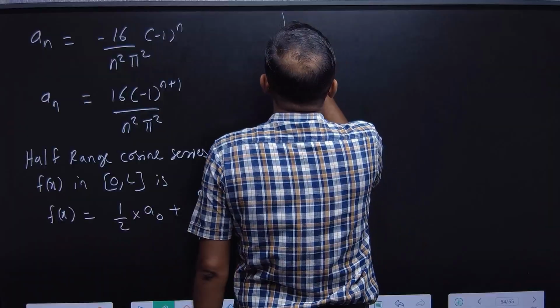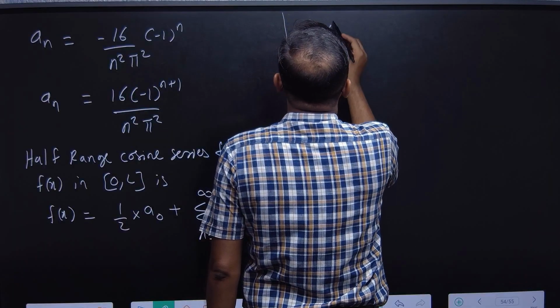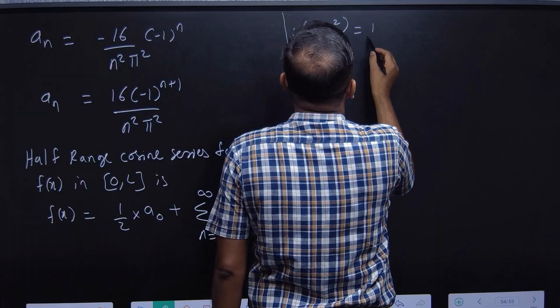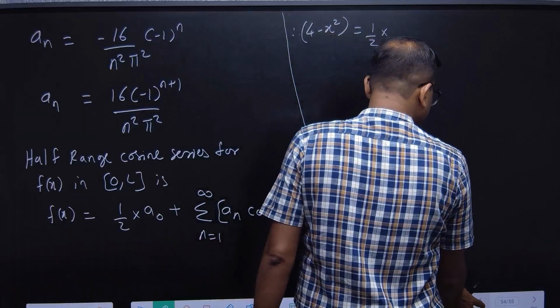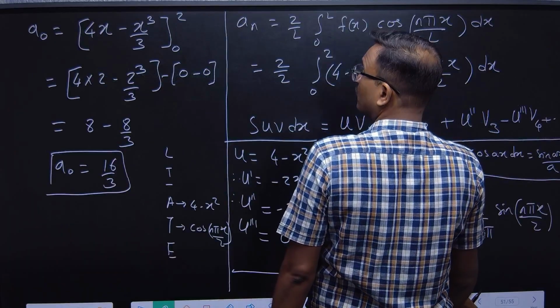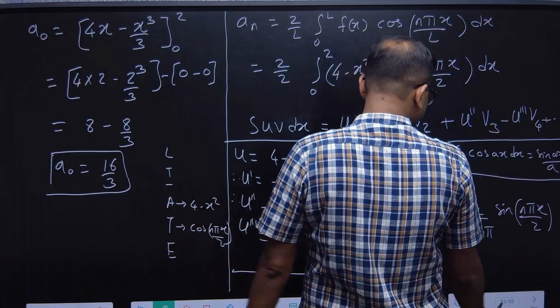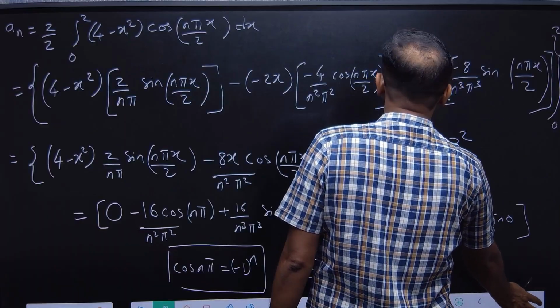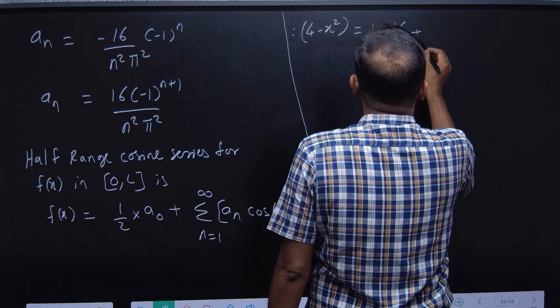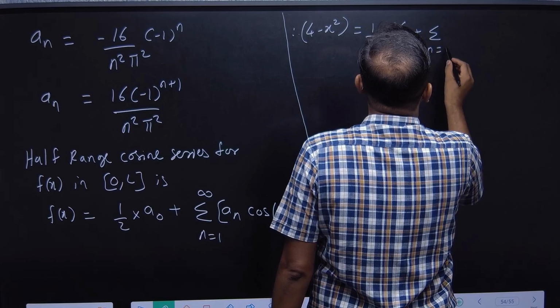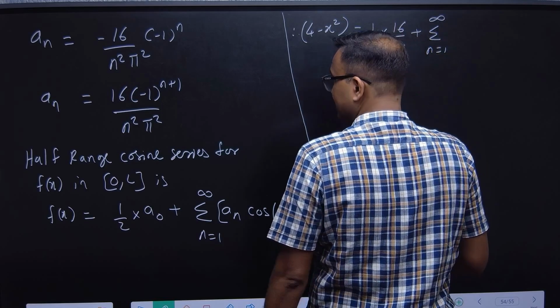So in this problem, f of x was 4 minus x square, which is equal to 1 upon 2 into a0. The value of a0 that we have found out was 16 by 3. So 16 by 3 plus summation n is 1 to infinity as it is.